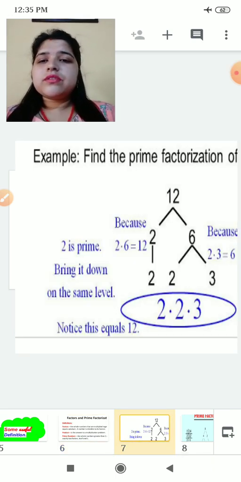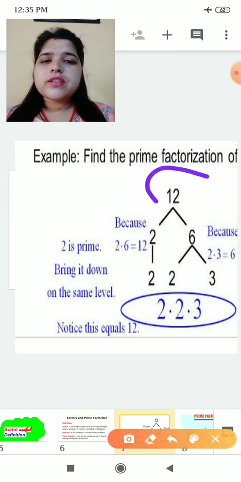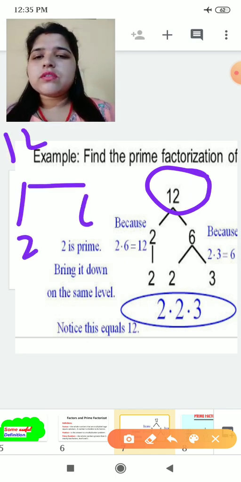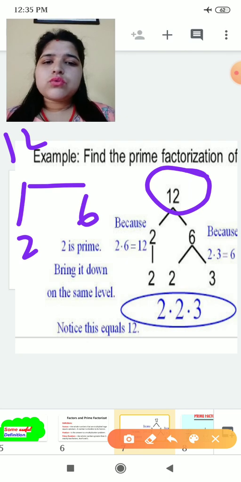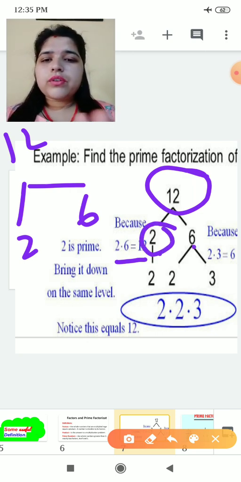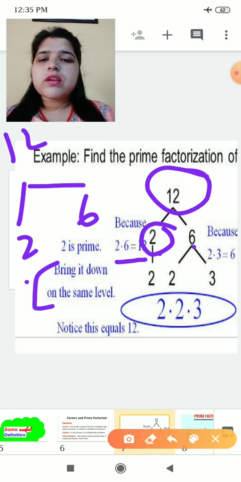See, look at this question. 12 is given to you. You are breaking 12 into 2 and 6, because 2 into 6 is 12. This is 2, this is 6 we have broken. Now 2 will not go in any other table because 2 is a prime number, so to bring it down to the same level you can write 2 again.